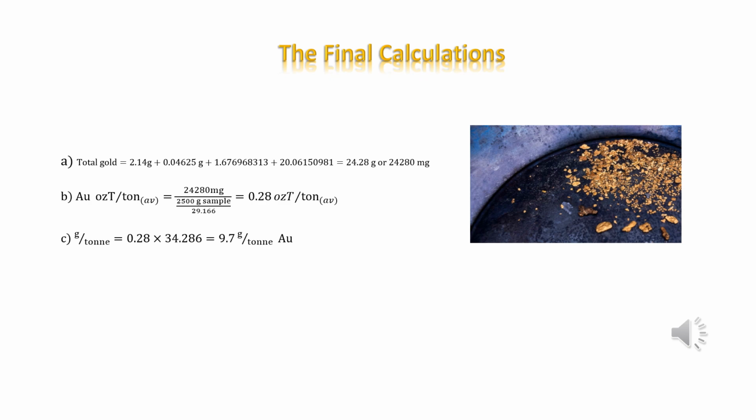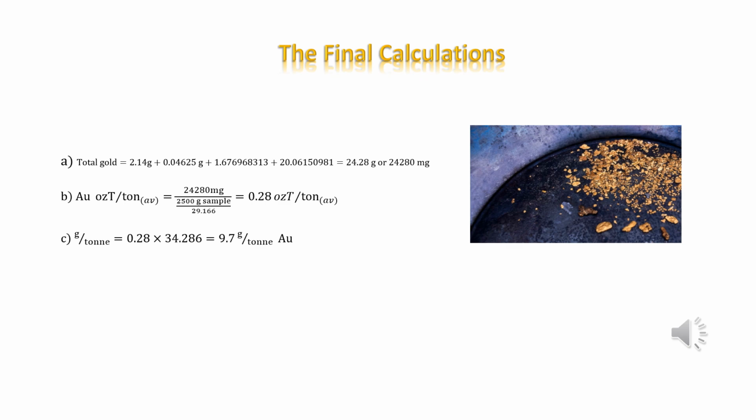We estimated the amount of grams that you would have had at 0.0462 grams, etc. We have the estimated amount of grams on the next screen, the third screen, at 1.6769 grams and so on. And we also have the 20 grams estimated from the pan at the bottom. Well, when you add that all up, you end up with 24.28 grams of gold estimated.